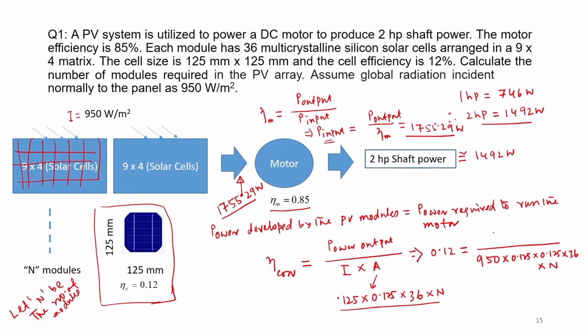Here is the power output, the amount of energy required to run the motor, which is equal to 1755.29. If we do the calculation, then n is found to be 27.37, which is equal to 28 modules.